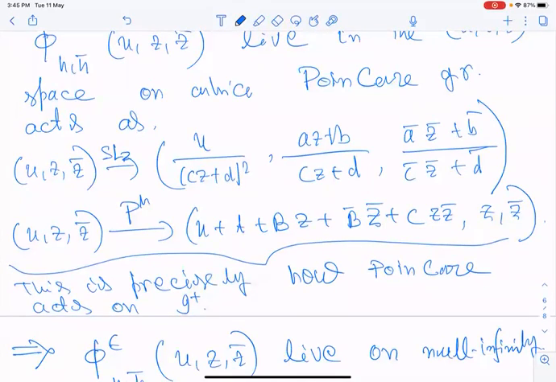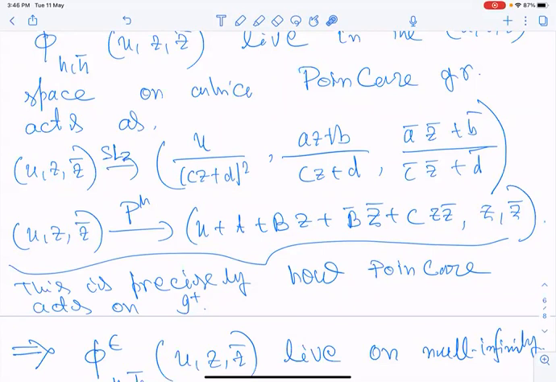So you can see from these transformation laws that the SL2C and the space-time translation are actually acting on this UZZ bar in exactly the same way as the Poincare group will act on scri plus.